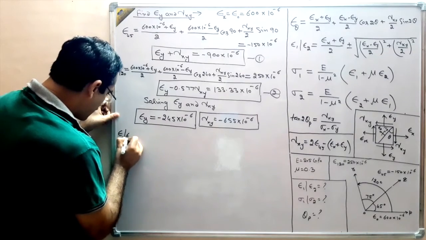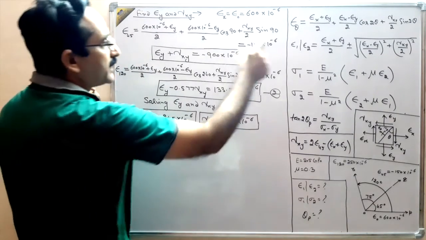Epsilon 1, epsilon 2 will be equal to epsilon x plus epsilon y divided by 2.